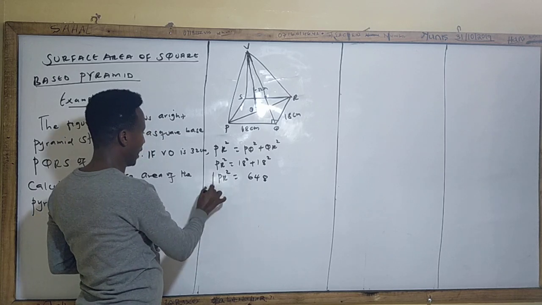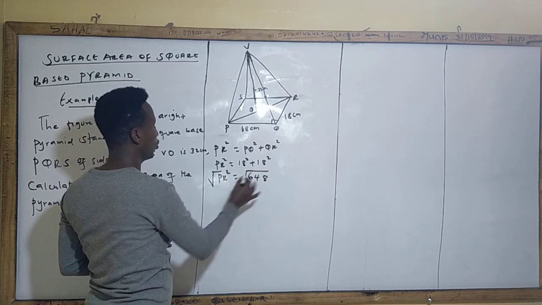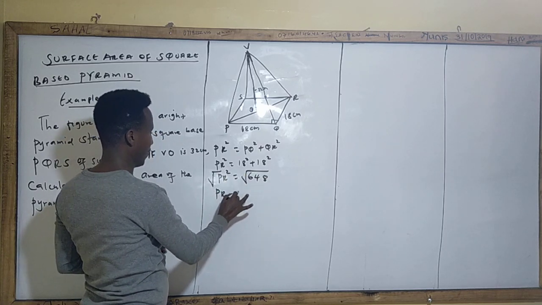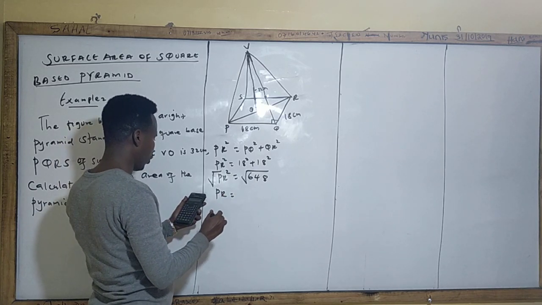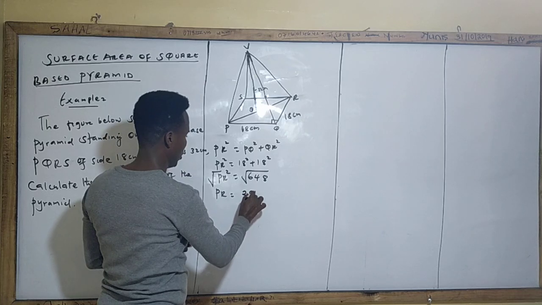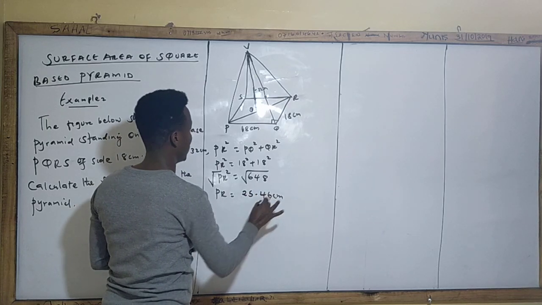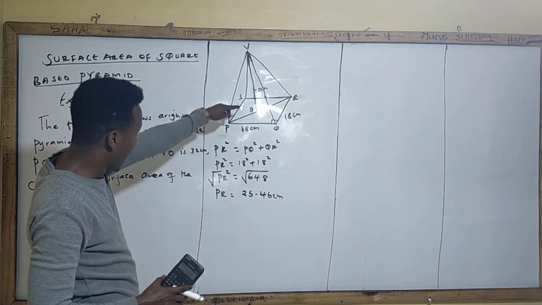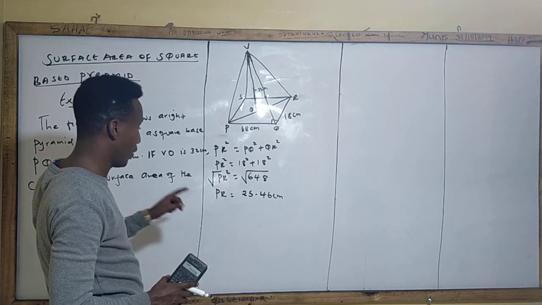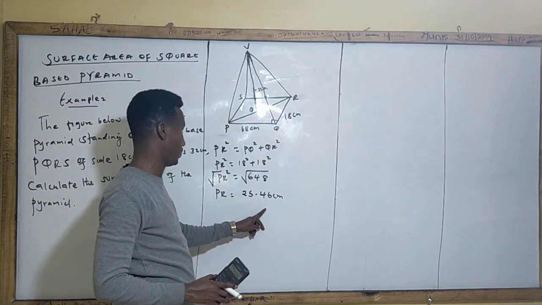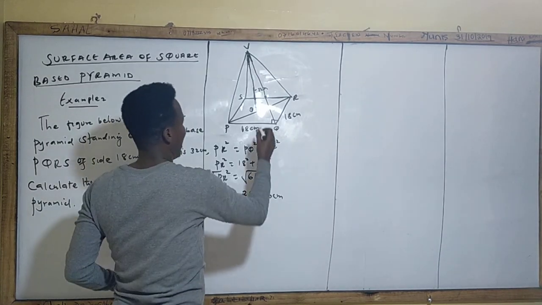Then for you to get BR, introduce root, because you're looking for BR. So BR is the root of 648, which is 25.46 centimeters.